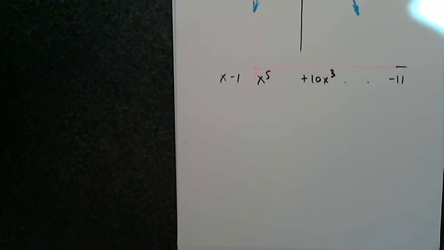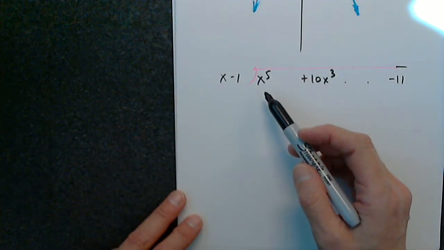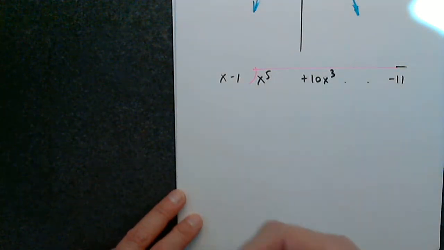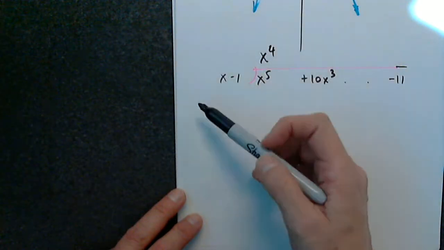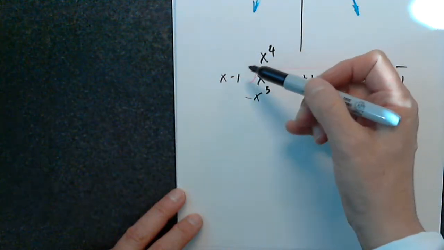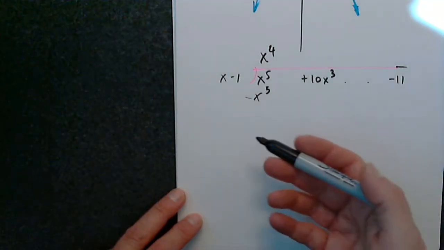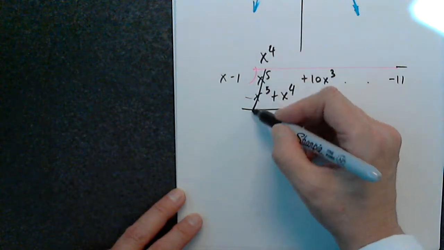First step. What times x? Exactly. What times x is x to the fifth? Of course, I'm sorry. So we go back, x to the fourth times x is x to the fifth, we subtract. Negative x to the fourth plus x to the fourth.